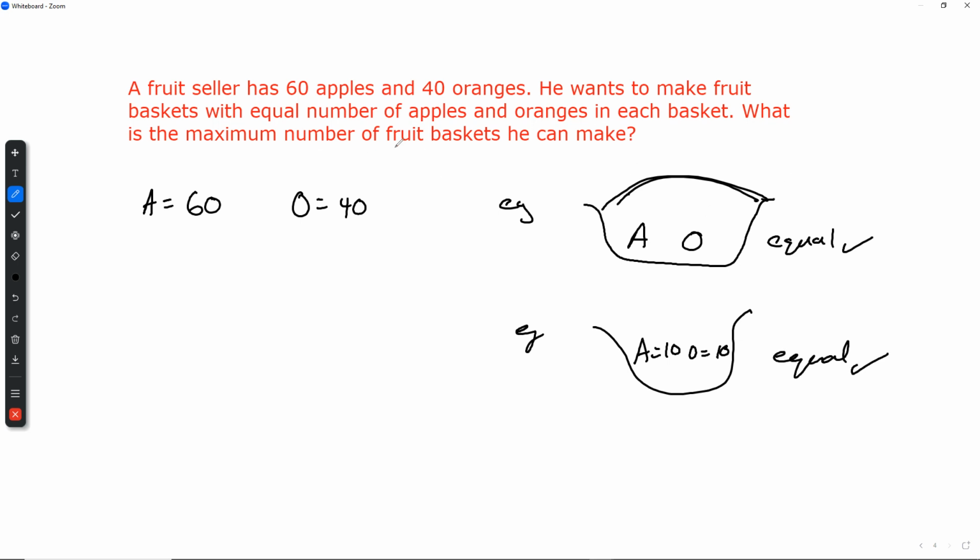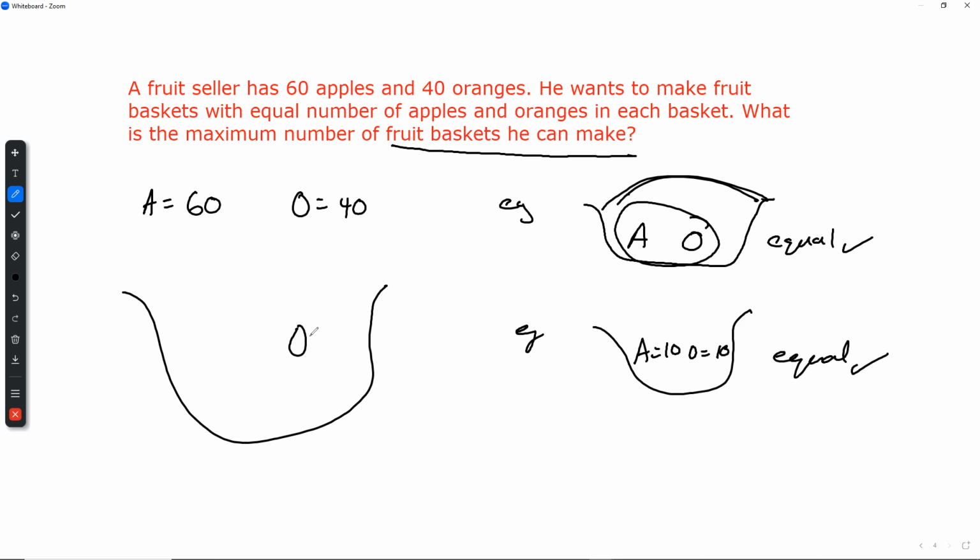What is the maximum number of fruit baskets he can make? Well, if he puts 2 fruit in each basket, that would be the best. The worst would be, for example, if he makes a basket and he puts 40 oranges and he puts 40 apples.